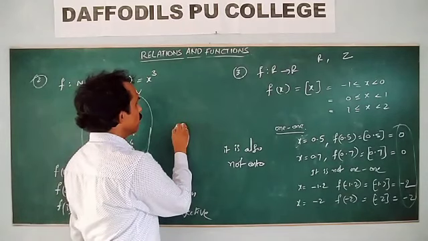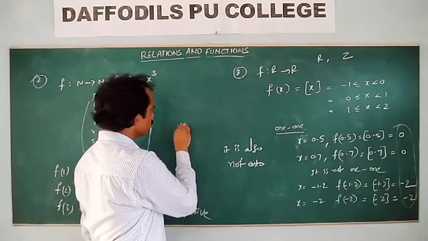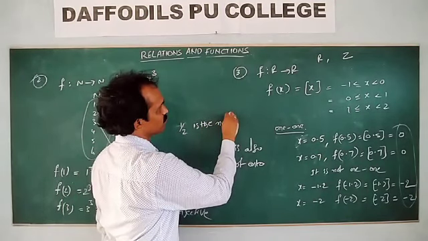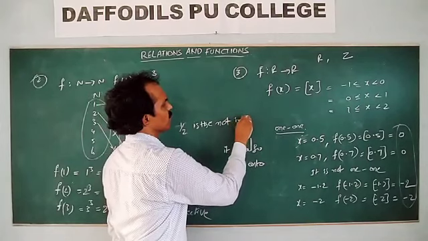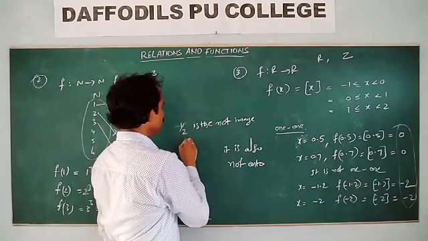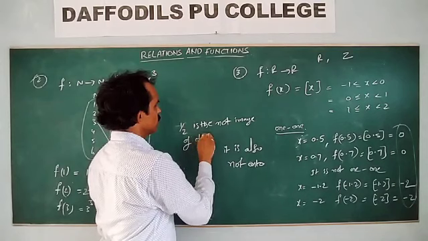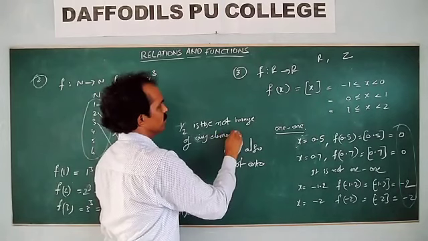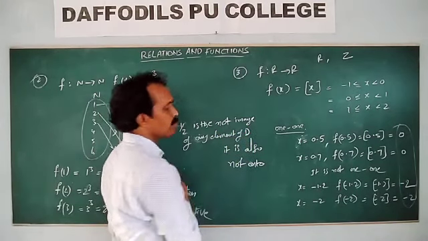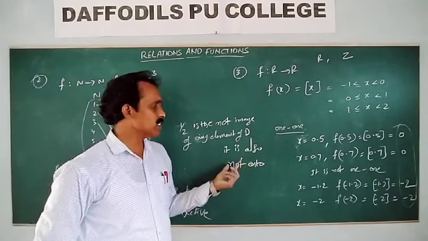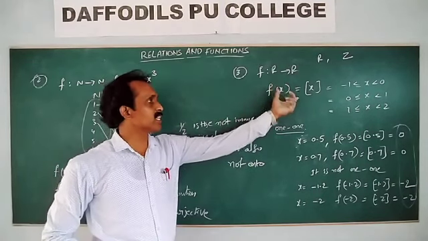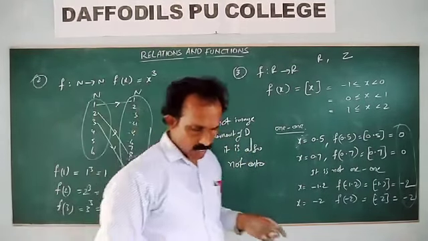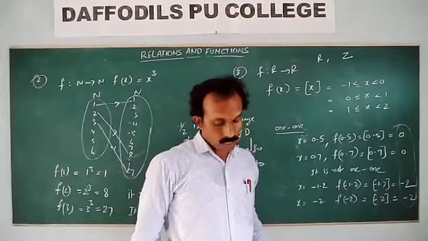For example, if you take 1 by 2, 1 by 2 is not the image of any element of the domain. Therefore, it is not onto. So therefore, the function is neither one-one nor onto. Clear? Right.